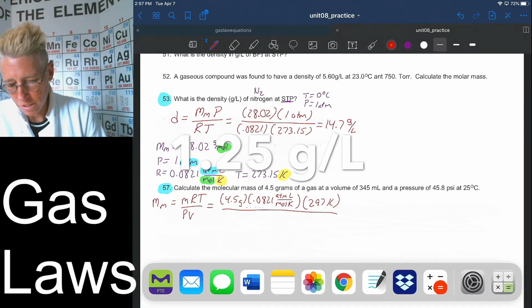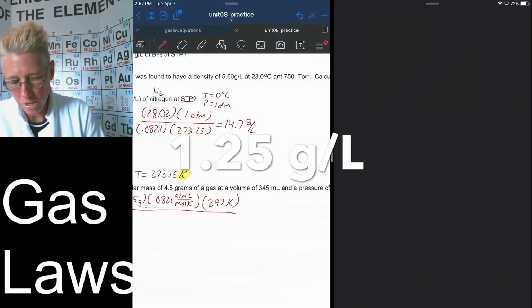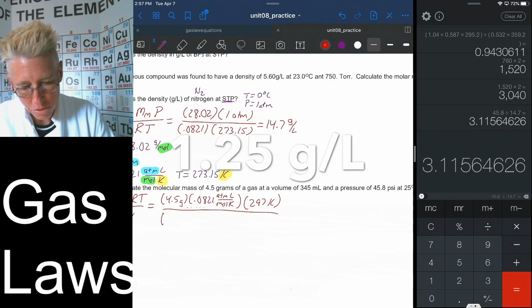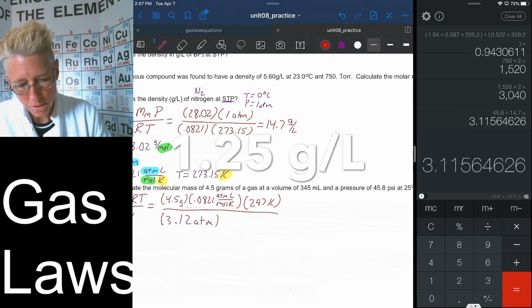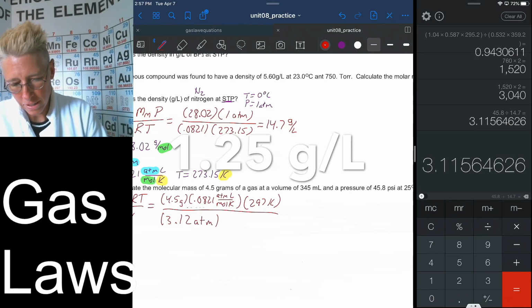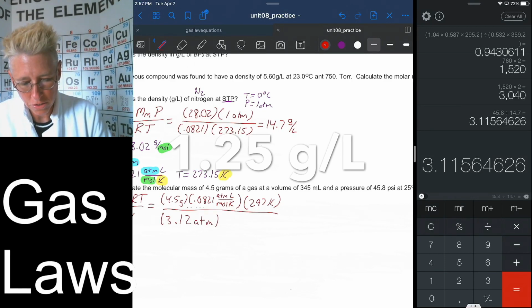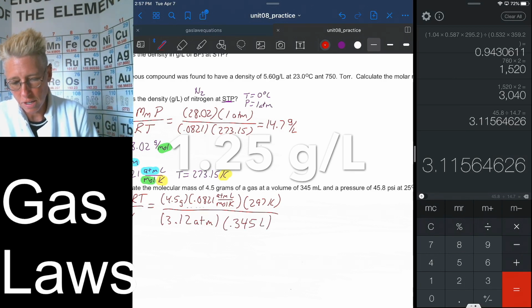Now for this one, I will have to convert my pressure from psi to atmosphere. So I'm going to take 45.8 divided by 14.7 for the conversion. So I have 3.12 atmospheres, and then the last, of course, is going to be volume, and that's 0.345 liters.